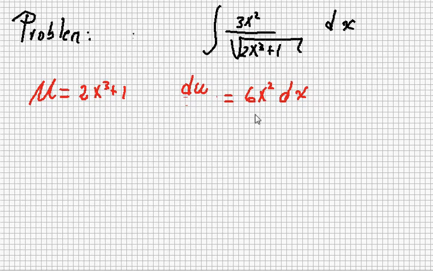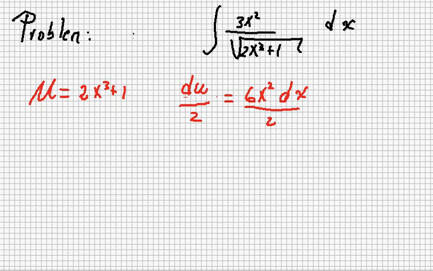So I'm going to divide both sides of this equation by 2 so that I can get a 3 here, the same 3 that I have there. So this becomes du divided by 2, and over here this is being divided by 2.